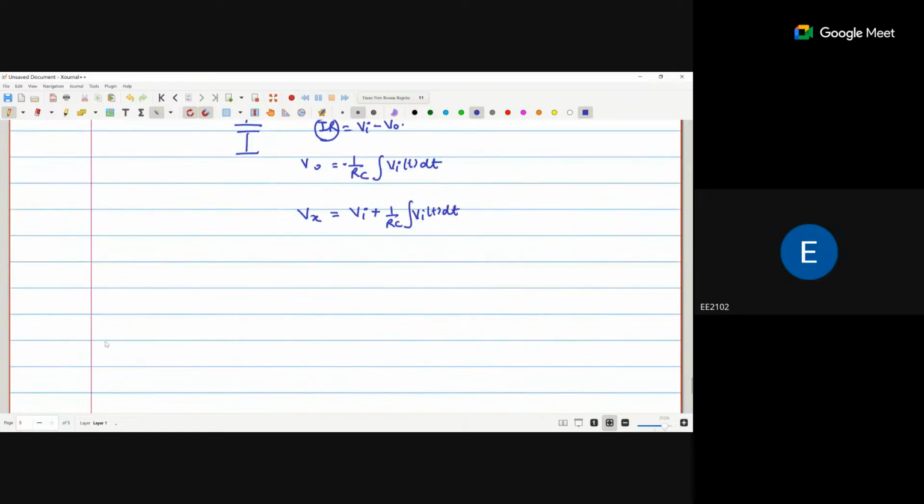Now, my Vx is nothing but this voltage plus this voltage. Okay, so if I draw an operational amplifier, this is the minus, this is the plus, resistor, and this capacitor.